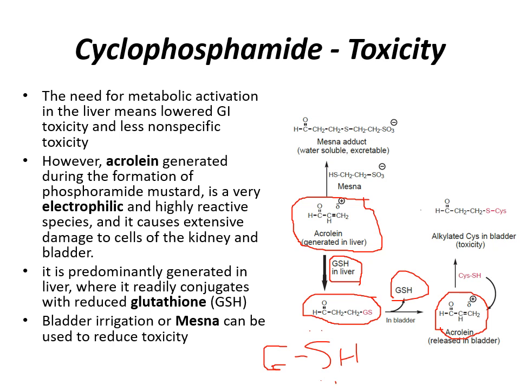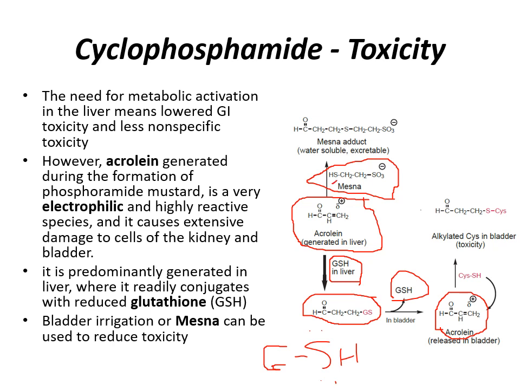The main way is that you give the patient a drug called MESNA. This is the MESNA structure, as you can see. With MESNA, you can either give it to the patient orally or you can do a bladder irrigation with MESNA to reduce cyclophosphamide toxicity, the toxicity coming from the acrolein after activation of cyclophosphamide.